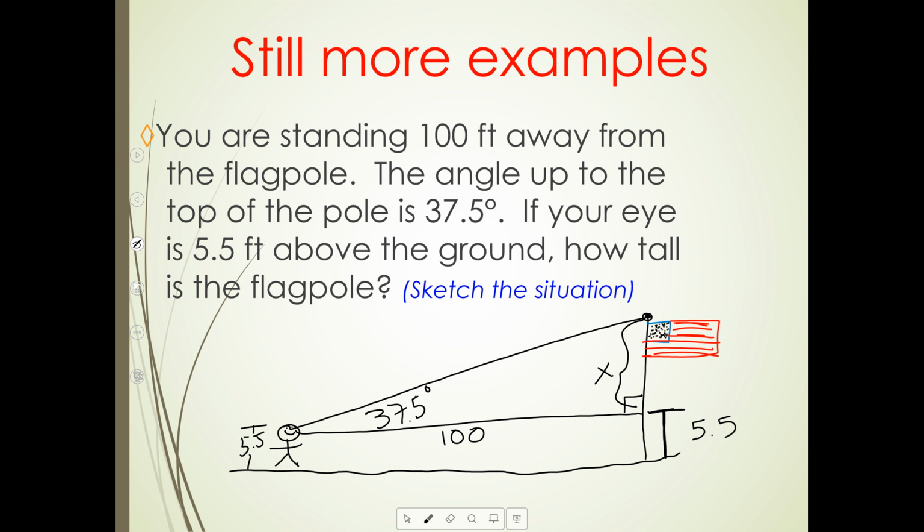What function uses opposite and adjacent? Tangent. Good. Tangent of 37.5 is equal to x over 100 or 100 over x, Michael? It would be x over 100. There you go.